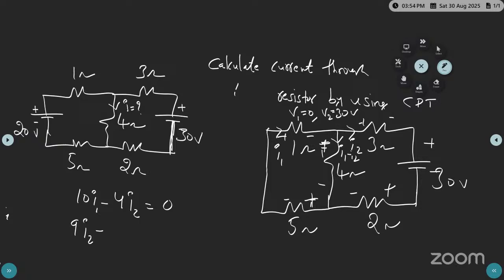Nine I2 minus 4 I1 plus 30 is equal to 0. Equation 1, equation 2. After obtaining these two equations, enter them in the calculator. You will get the answer of I1 and I2. After getting I1 and I2, find I1 minus I2. Here also I1 minus I2.